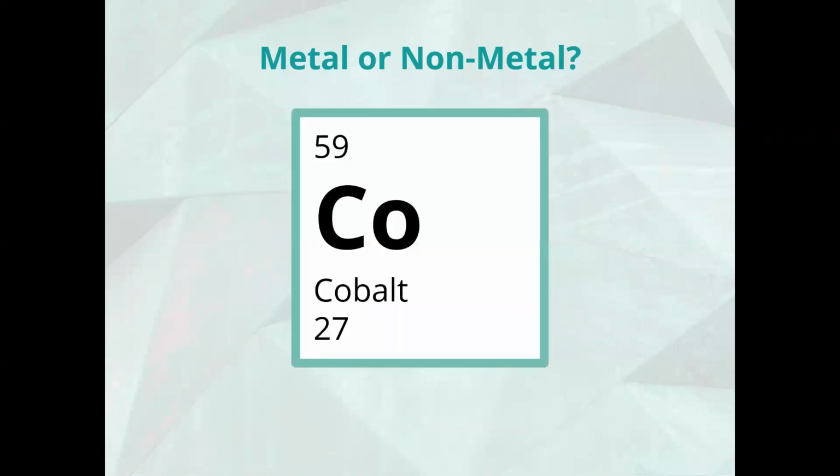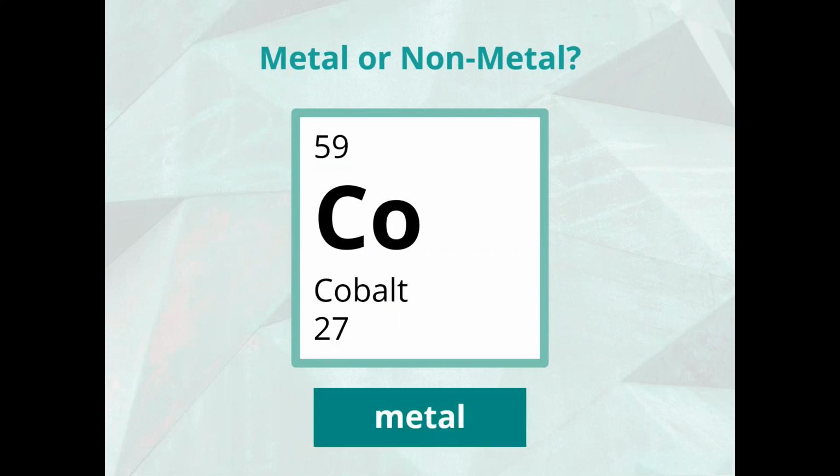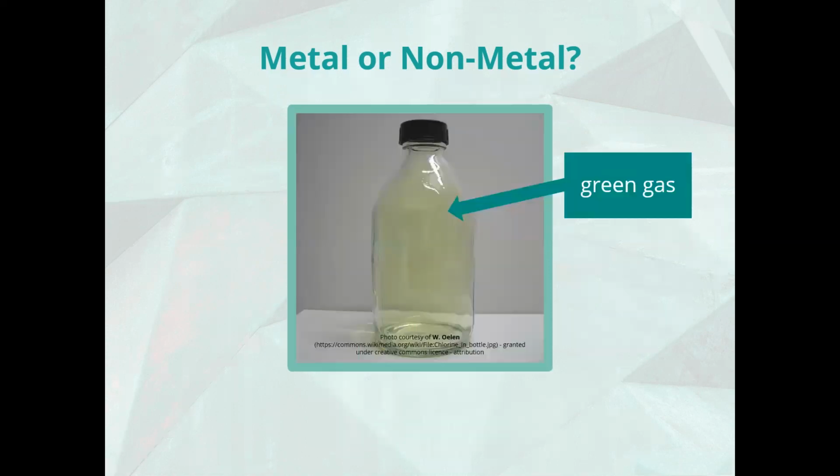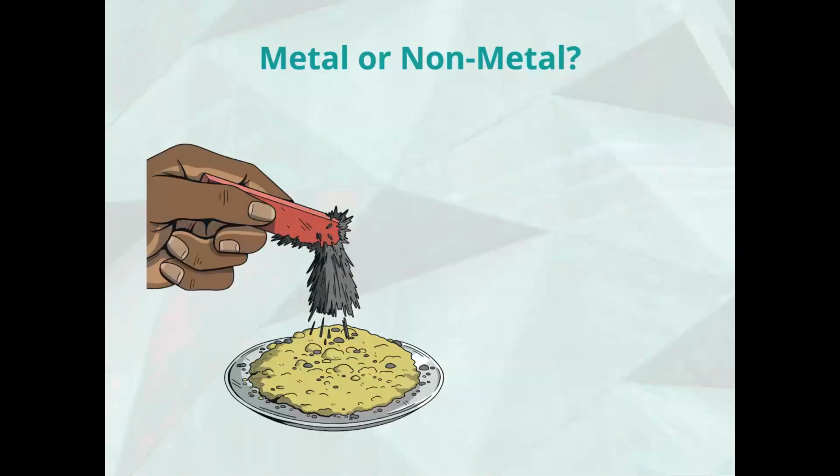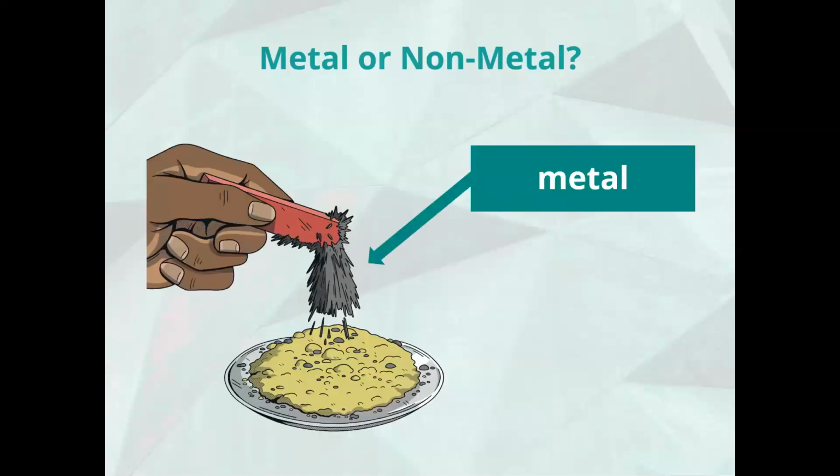We look at cobalt. Cobalt lies to the left of that red line, so it is a metal. We have a green gas. All gases are non-metals at room temperature, so it is a non-metal. For this one, it is a metal because all magnetic substances are metals.